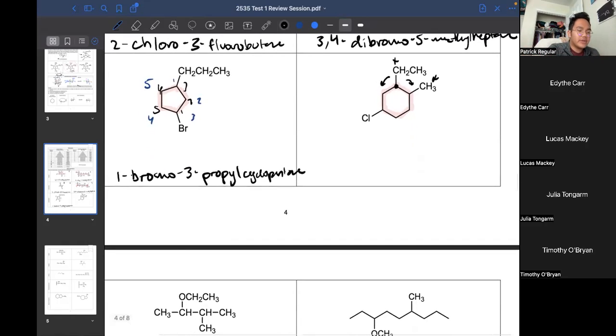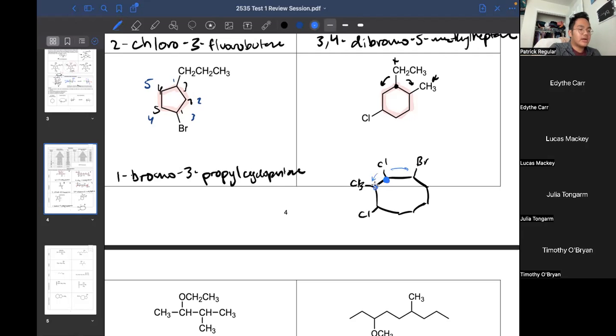So what I'm trying to say is, let's say you have a cyclohexane. I know it's a really bad ring, but just bear with me. Cl, Br, CH3, Cl. If you were to start here, you wouldn't, but just hypothetically, there's two directions you can go, this way or that way.